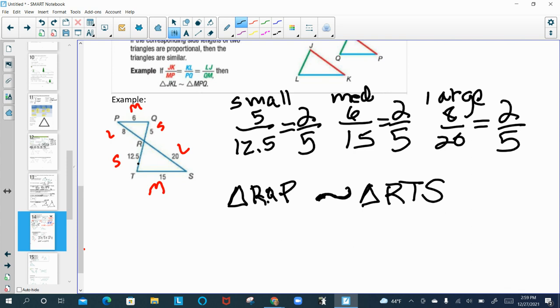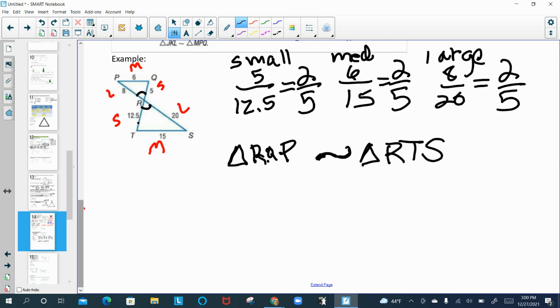Now, the interesting thing about this problem, some of you may have noticed that we have vertical angles. This is also an example of the next shortcut, side angle side, where we have a proportional pair of sides and another proportional pair of sides with a congruent angle sandwiched in between them.